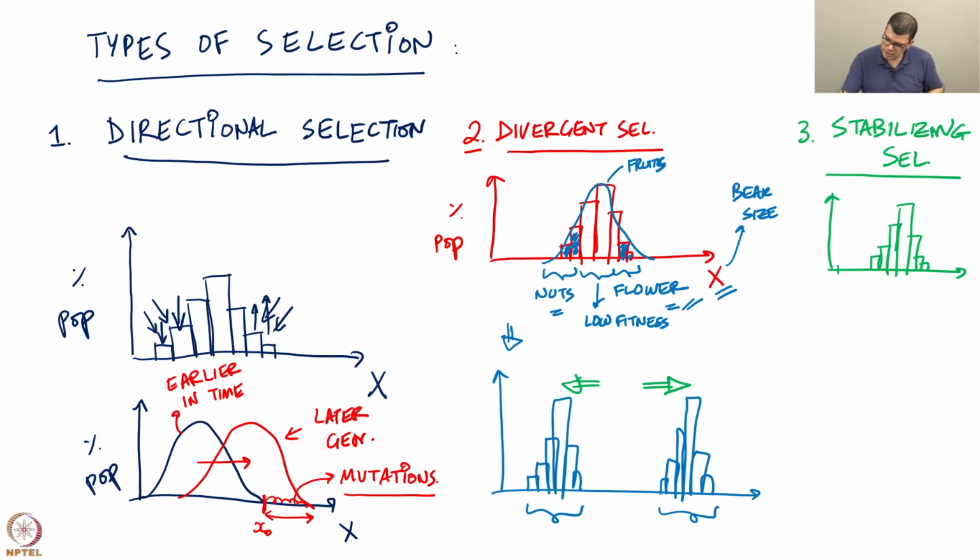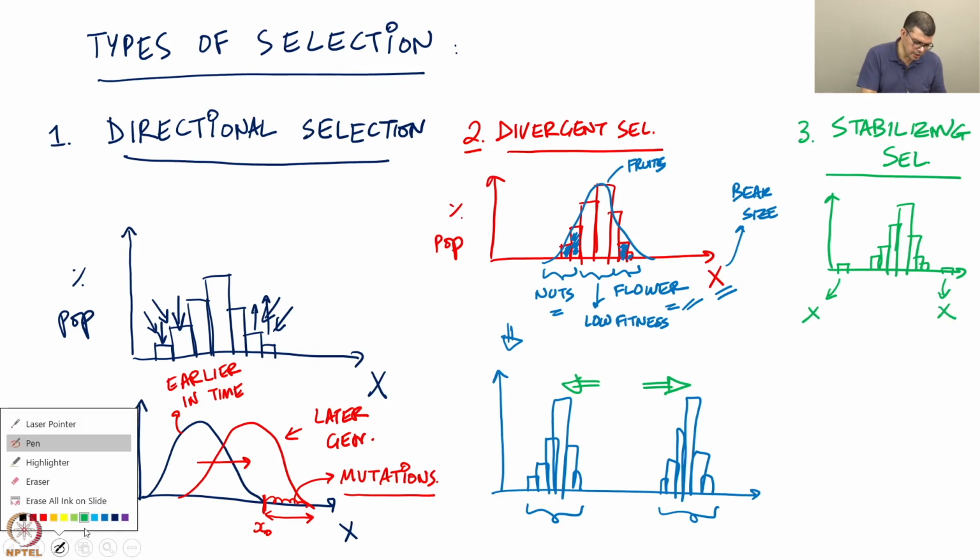Any variant that is produced here is very low fitness, because that is too short a beak, it can't really reach into the fruit. Any variant that is produced here is too long a beak, it is too slender and too fragile, and it is not strong enough to open up the fruit. So, these variants are going to be eliminated by natural selection.